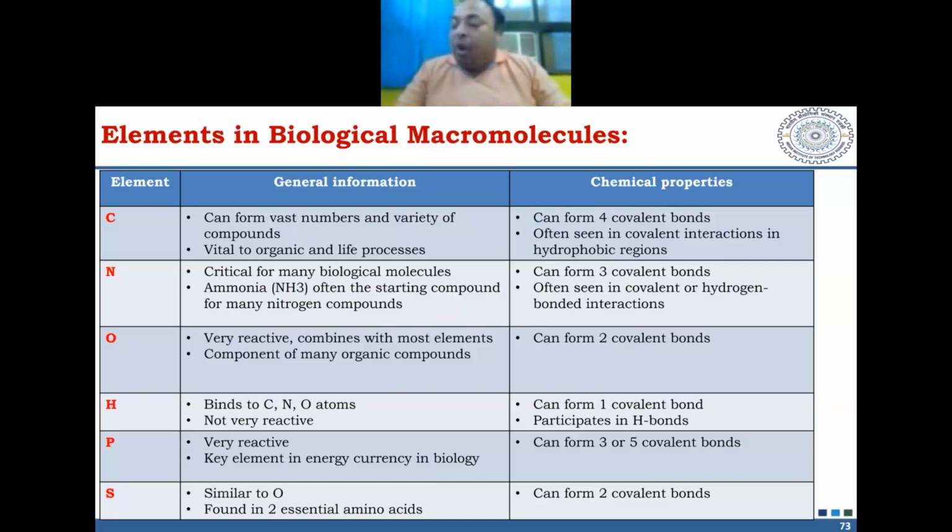So this is the basics about the biological macromolecules. We have talked about who they are, what their building blocks are, how they form, how they function, how they work, how they are categorized, all of this. In the next class, we will talk about their reading, how we could read them.